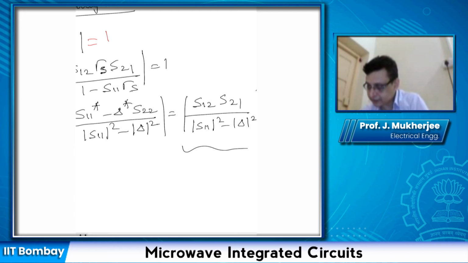Here this represents RS, the radius of the input stability circle. This represents CS, the center of the input stability circle.